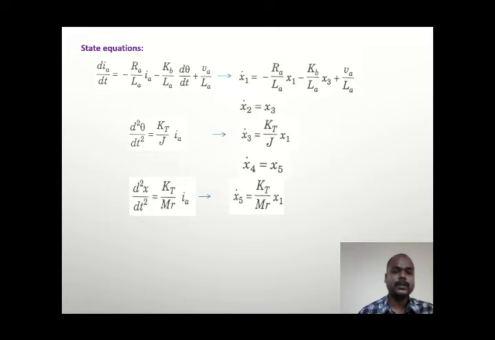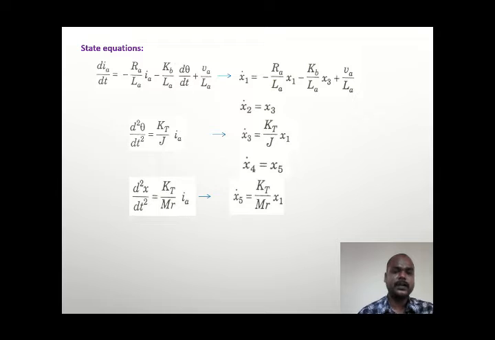So when we have to obtain the state equation from the first equation of the model, we can obtain our state variable x1 dot, which is the Ia derivative, and this will be the equation. x2 dot equals x3, because x2 is theta and x3 is theta dot, so these are related.